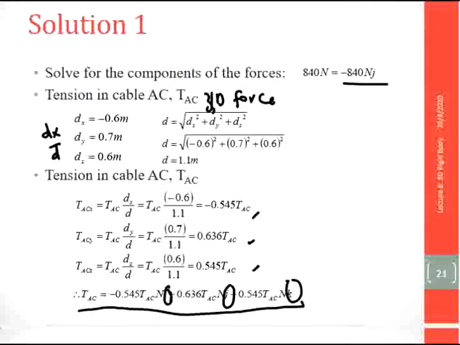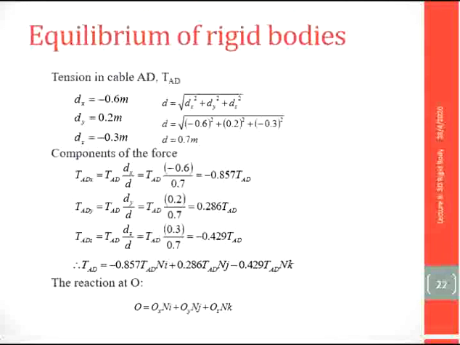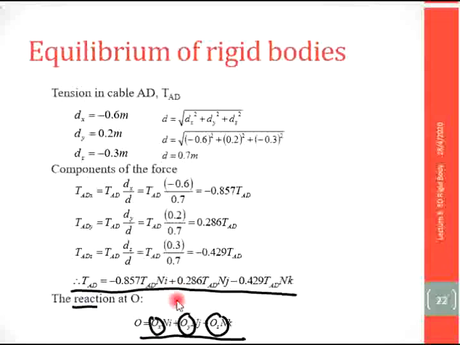This is the equation for TAC. And for the tension TAD, same as TAC, the equation is like this. And for the reaction, we have x, y, and z, so just put Ox, Oy, and Oz here.